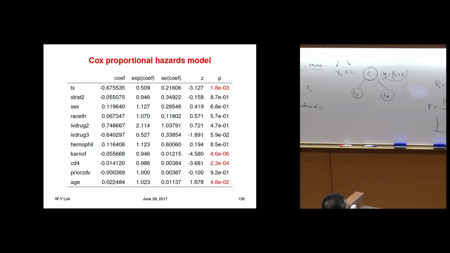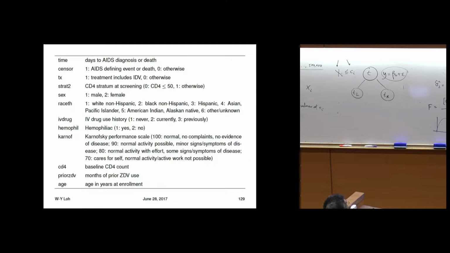CD4 is significant, still significant, even though we stratified on CD4 cell counts, right? There's a stratum variable, and this is not significant, okay? But given what we have already talked about previously about interpreting coefficients, you should not be surprised, okay? So basically, STRAT2 is a discretized version of CD4 because if CD4 is less than 50, STRAT2 is 0.